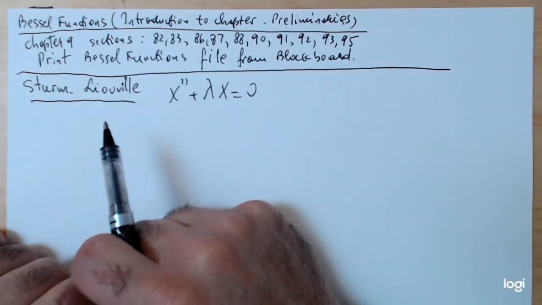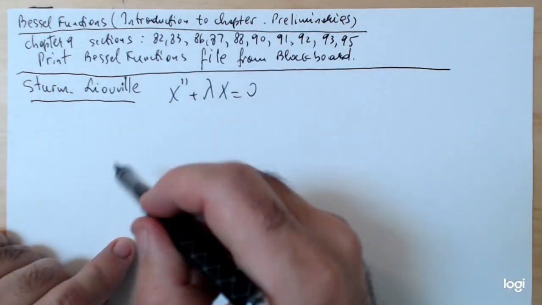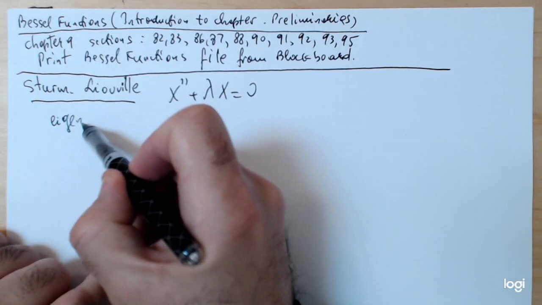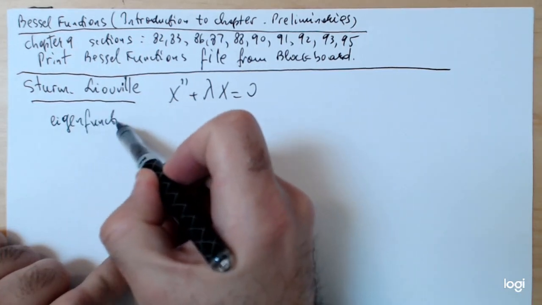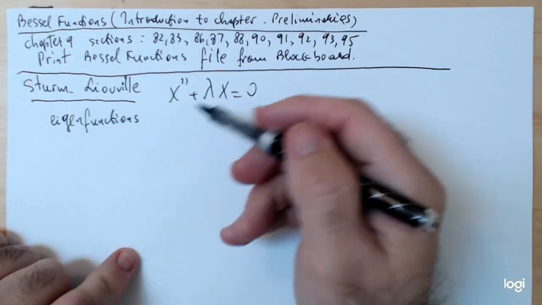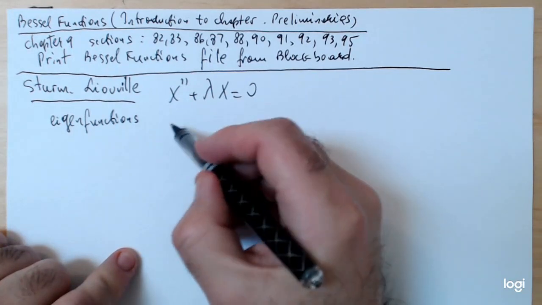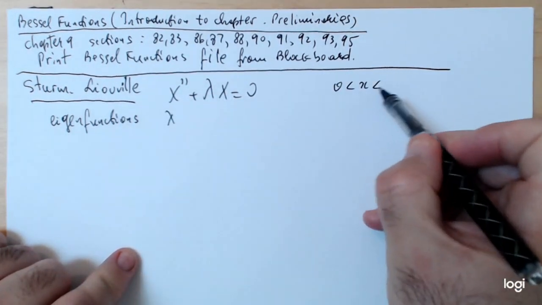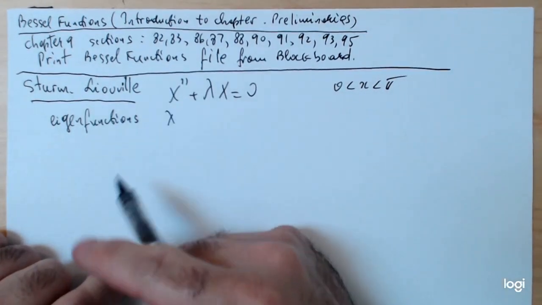And remember that depending on the boundary conditions, you end up with infinitely many solutions, also called eigenvalues and corresponding eigenfunctions. So for example, let's say you are in the interval, for simplicity again, 0 to pi.